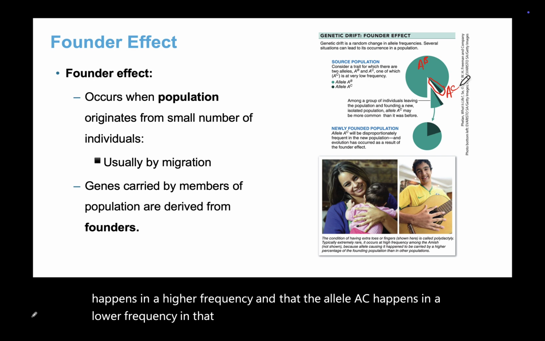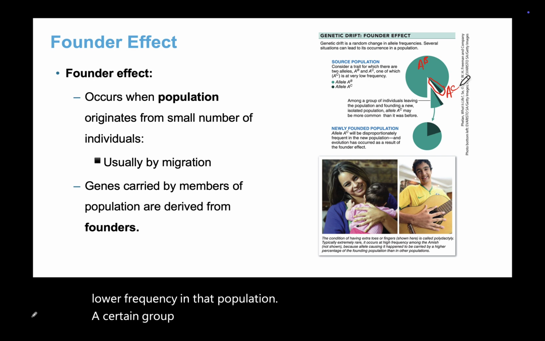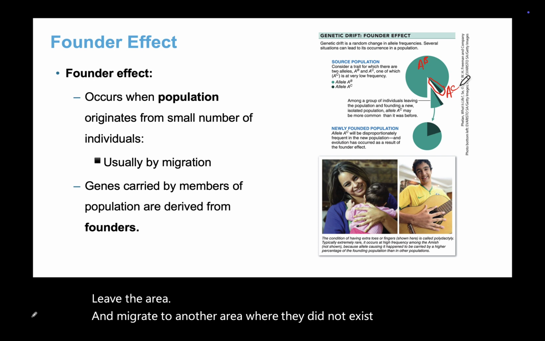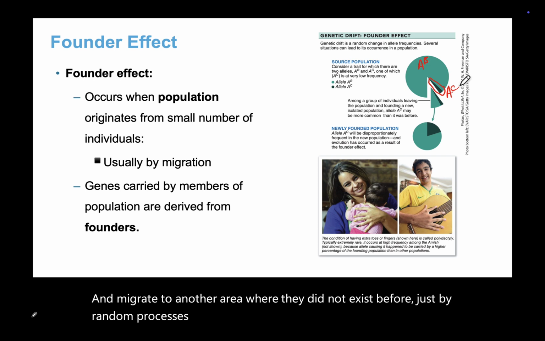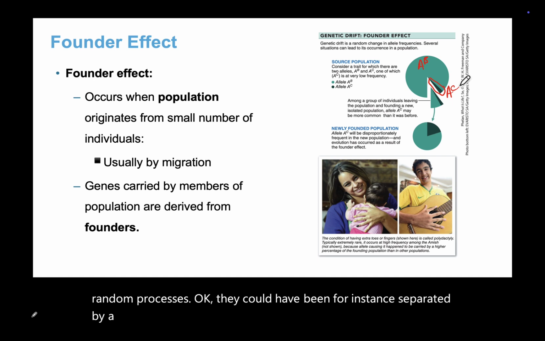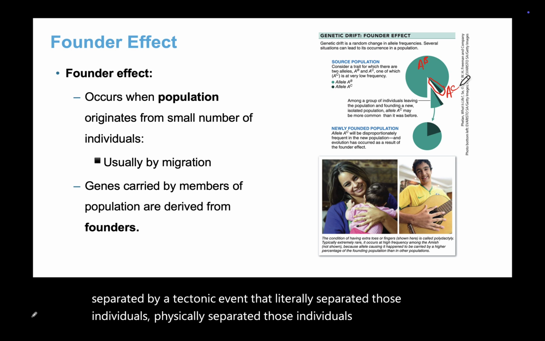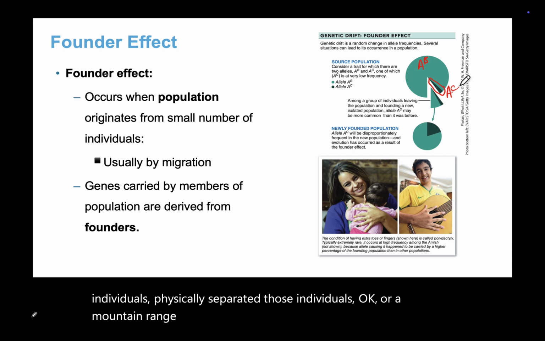A certain group of individuals leaves the area and migrates to another area where they did not exist before, just by random processes. They could have been, for instance, physically separated by a tectonic event, or a mountain range, which is also involved with a tectonic event, appeared in that population.